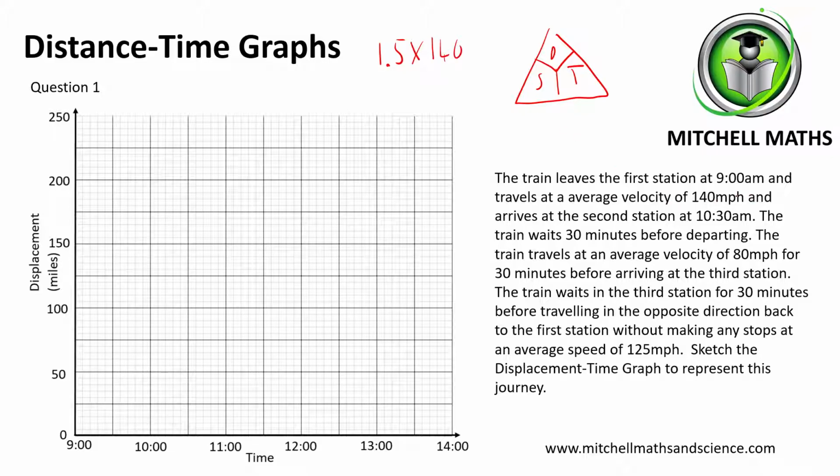And I need to use hours because the units given to me are in miles per hour. If it had been in seconds or minutes, then I would have needed to convert one of these units. Now 1.5 times 140 is 210. So I know that at 10:30 the train will have travelled 210 miles.